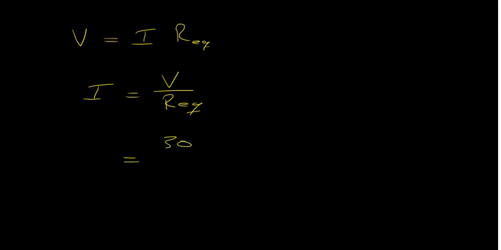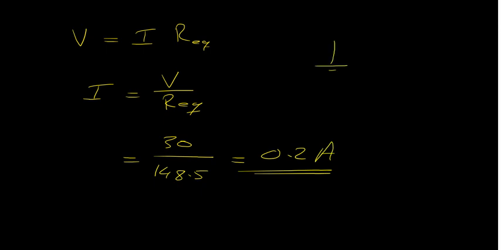That's the voltage equals I times R equivalent. So I will be the voltage, 30, divided over 148.5. It will give us about 0.2 ampere. That will be the total current going through our whole circuit.